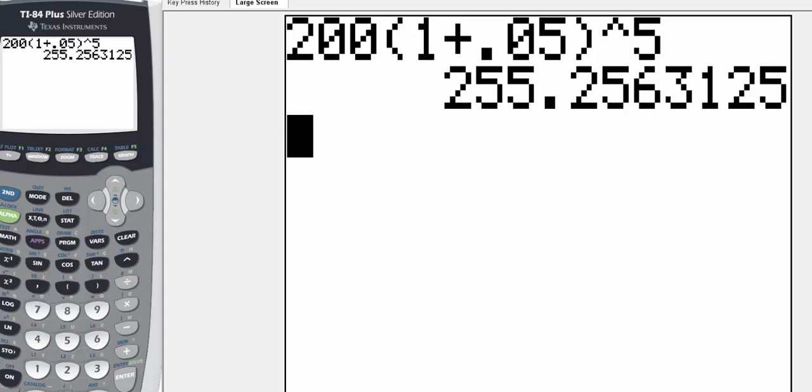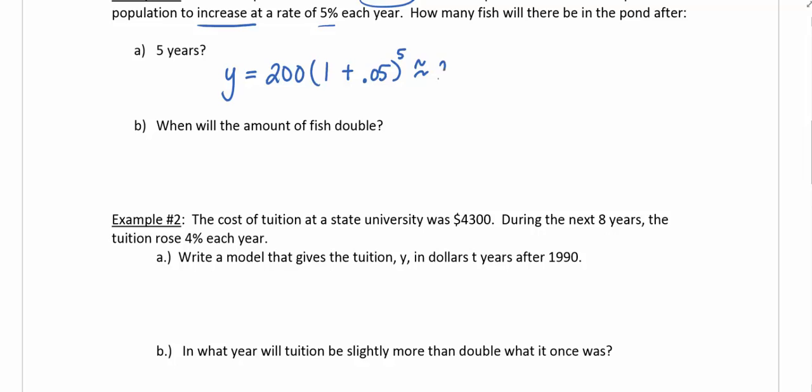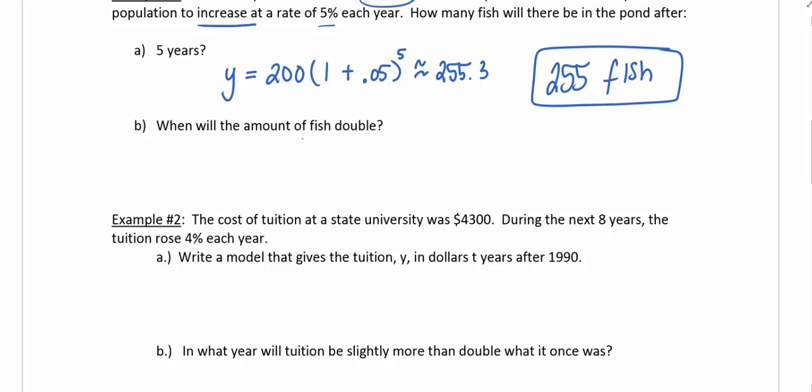And you press enter, and you get 255.3, approximately. However, it is impossible to have 0.3 fish, so you would round that down to 255 fish after 5 years.